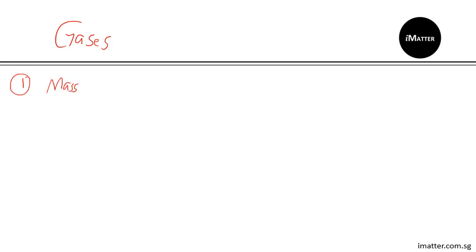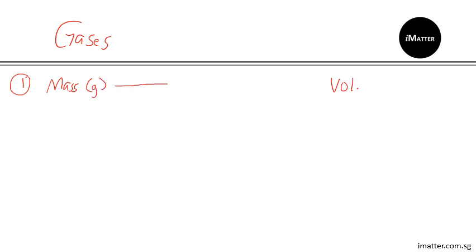Again, a reminder, do check that it is indeed a gas, and do check that it is measured at room temperature and pressure. And from this mass, you are supposed to calculate the volume of the gas. Again, make sure your units are correct. Mass should be in grams.